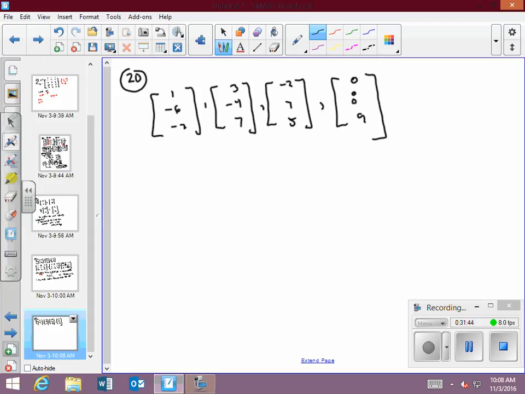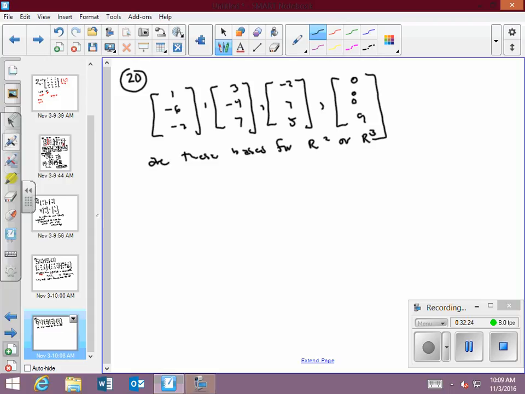Now, they're asking you, are they bases for R2? R2 or R3?